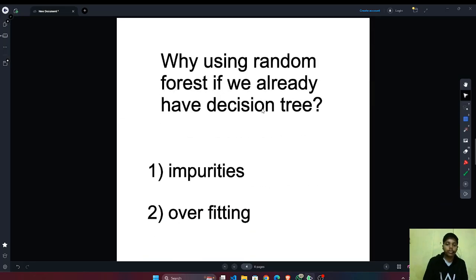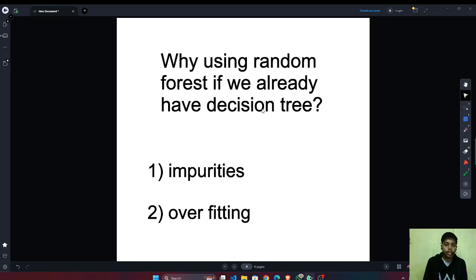Okay, so we had decision tree, right? Why are we using random forest? Why did we need that? Decision tree has two main disadvantages, which were impurities and overfitting. By impurities, I mean decision tree takes the data set in only one specific way.